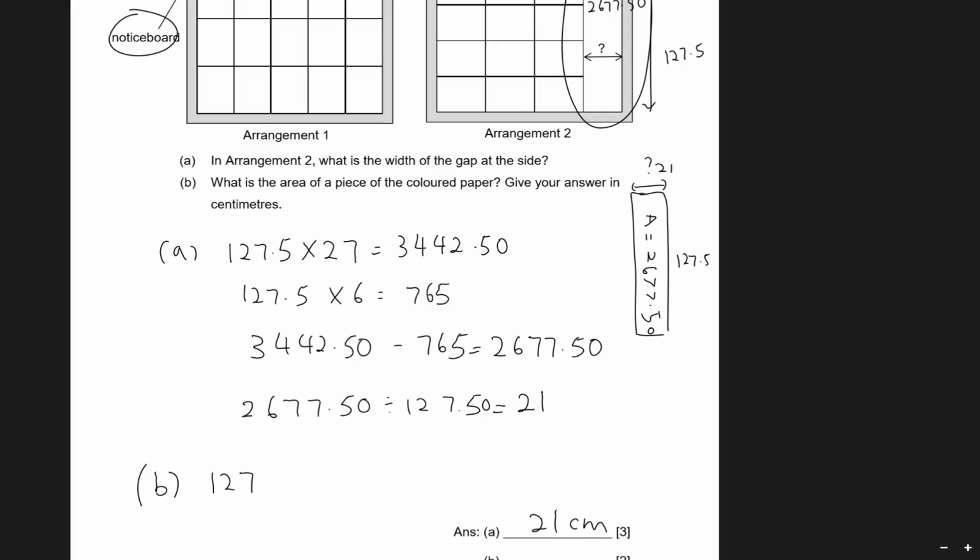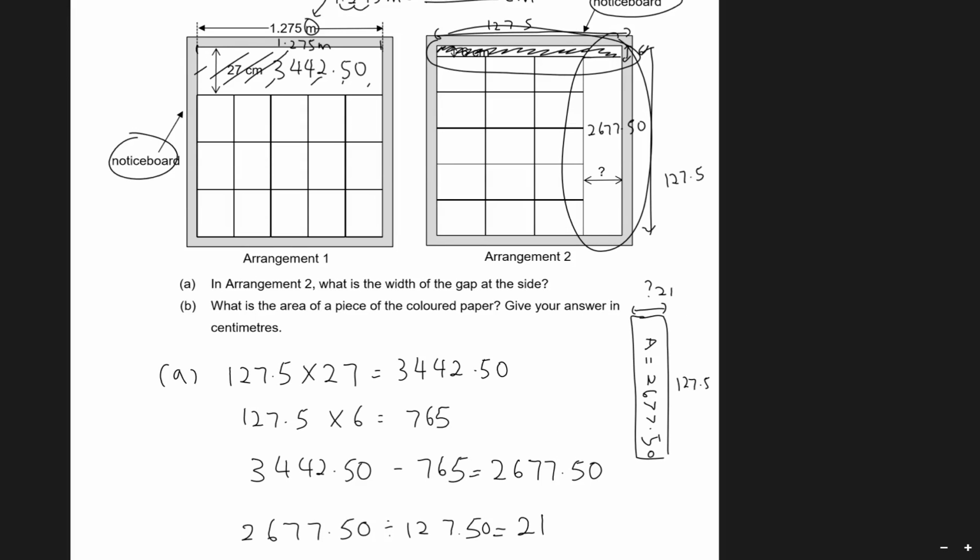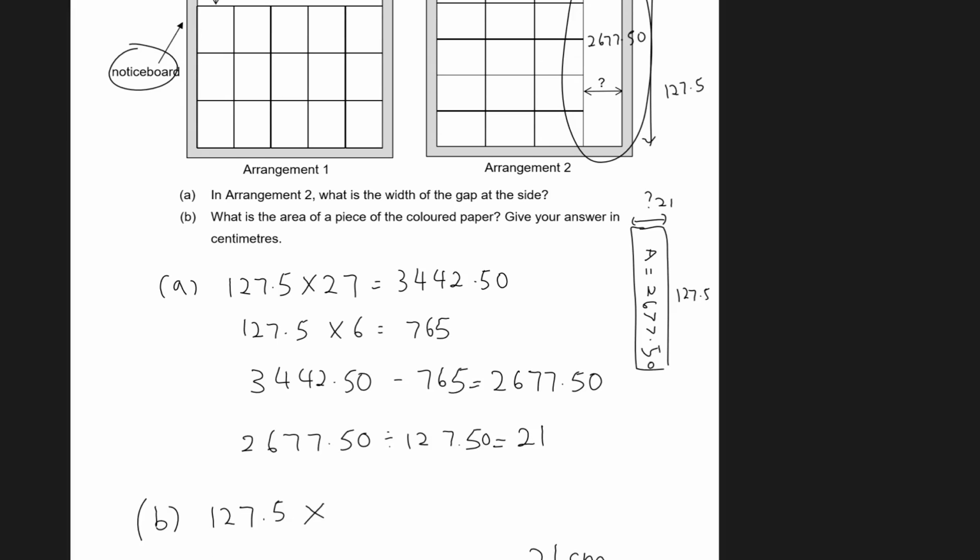We have 127.5 and we're going to multiply it with the width over here. Now this width, including the 6 centimeter gap, is 127.5 plus 6 centimeter gap. So it gives me 127.5 times 133.5. So the whole entire area of the board is this.